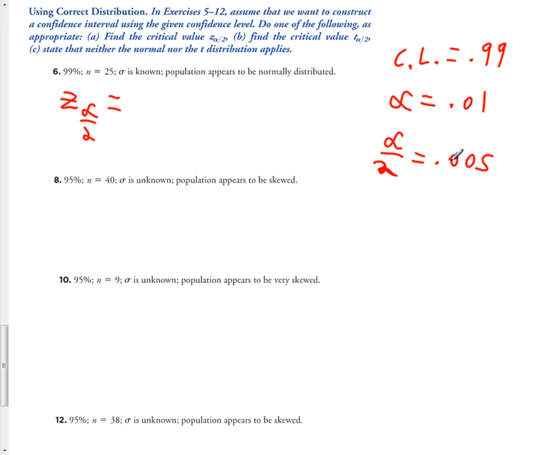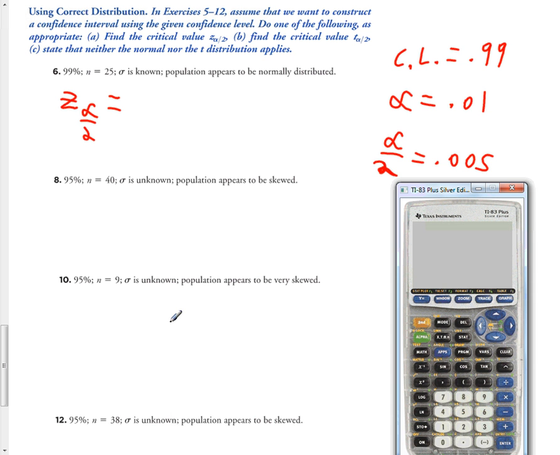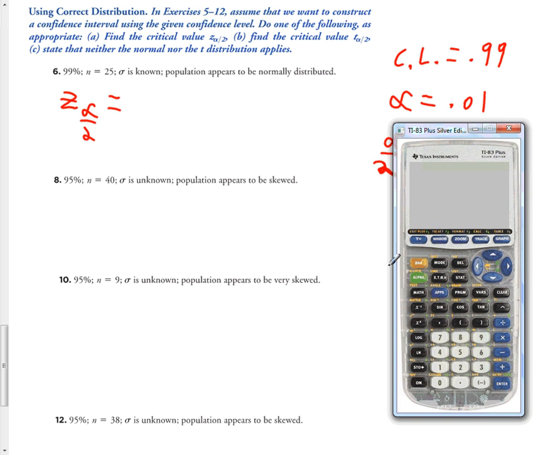Well, we have alpha over 2 as 0.005. To find the z of alpha over 2, once again, we go to our TI-83 calculator. We turn it on, and we do second distributions, and we want the inverse normal distribution, number 3. Oops, that's the chi-squared. So second distributions, and once again we want number 3, the inverse normal distribution.